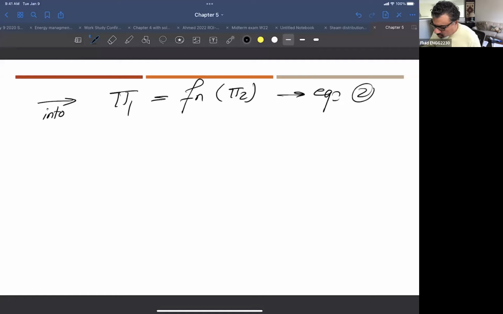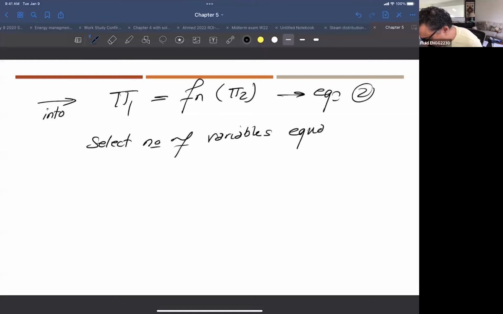Now, in order to generate this, it's a very simple analysis. We're going to select a number of variables equal to M, and those we call repeated variables. So what is M in this case? It's 3.